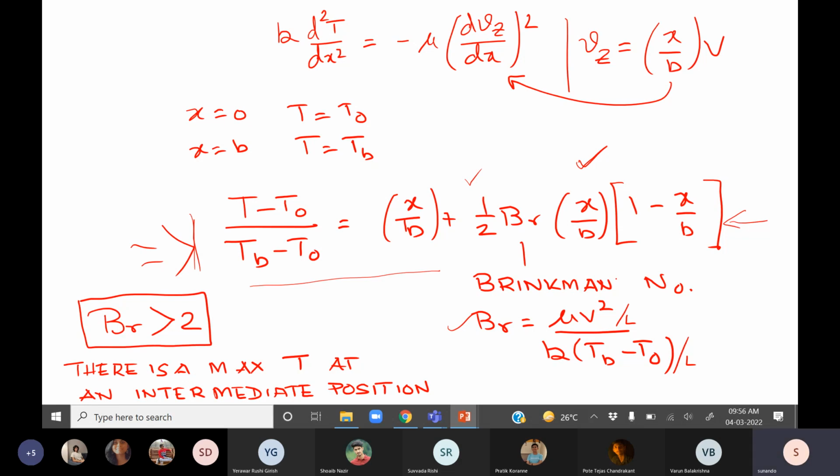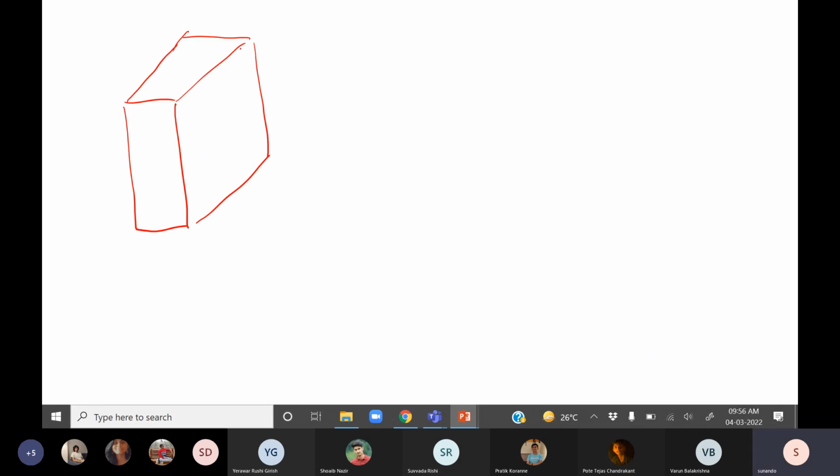Clear? Any question? So this problem therefore underscores the utility of the energy equation. I would give you a problem for you to practice on. This is the slit, so it's a laminar flow in a slit, which you probably remember from your fluid mechanics, and we have a flow of a liquid in between.